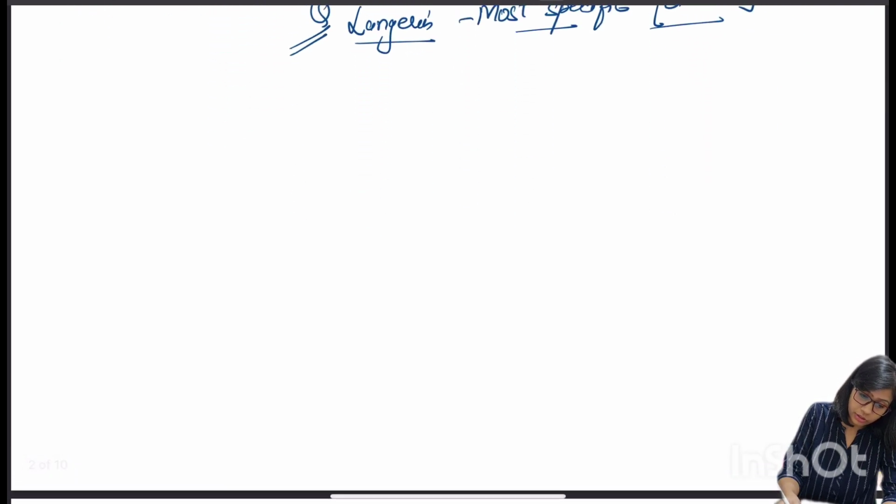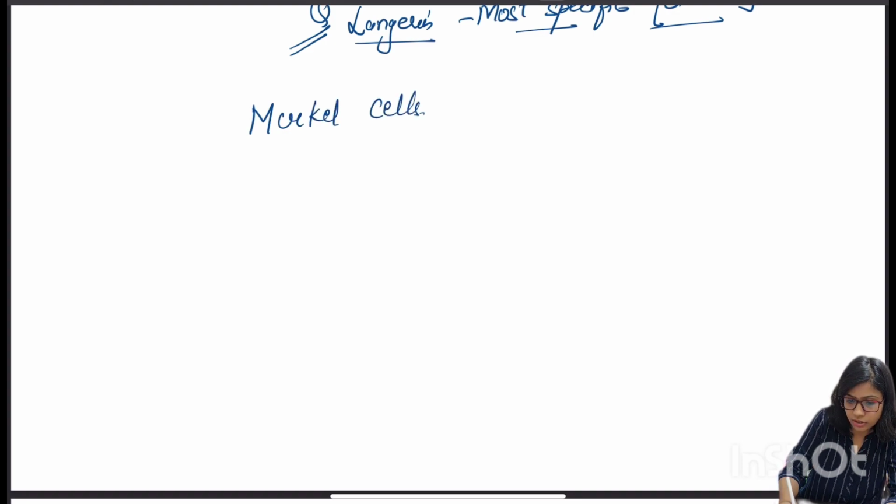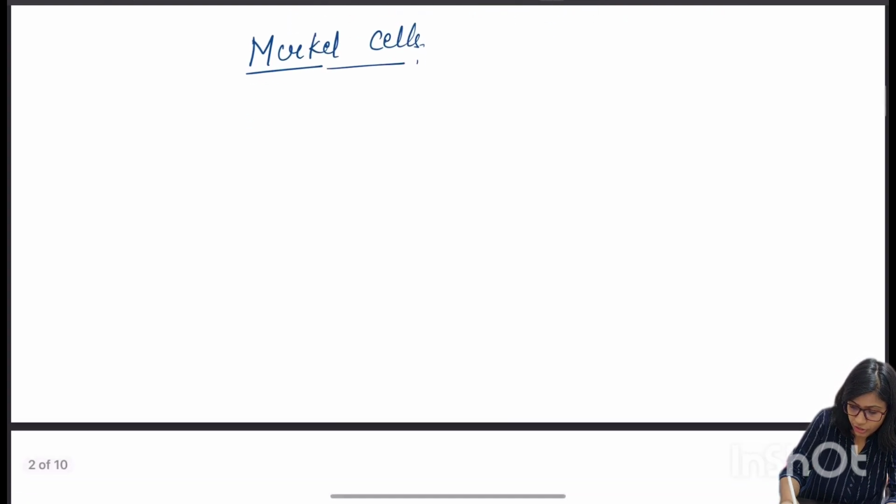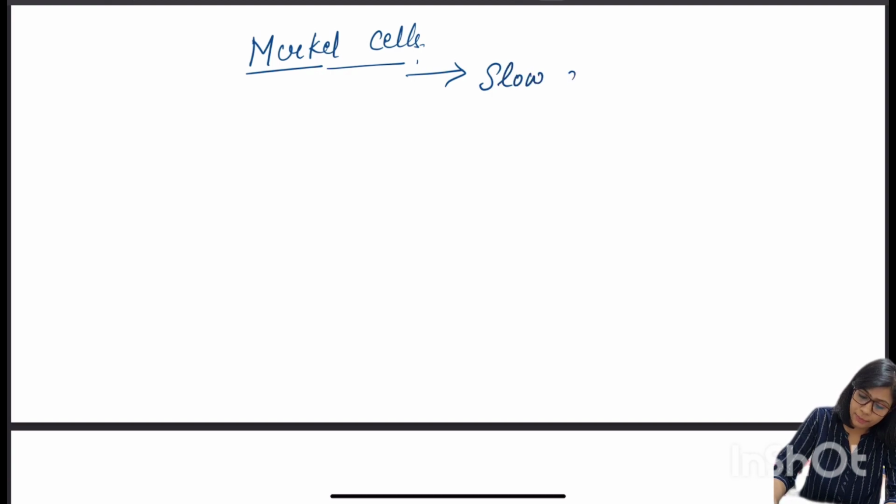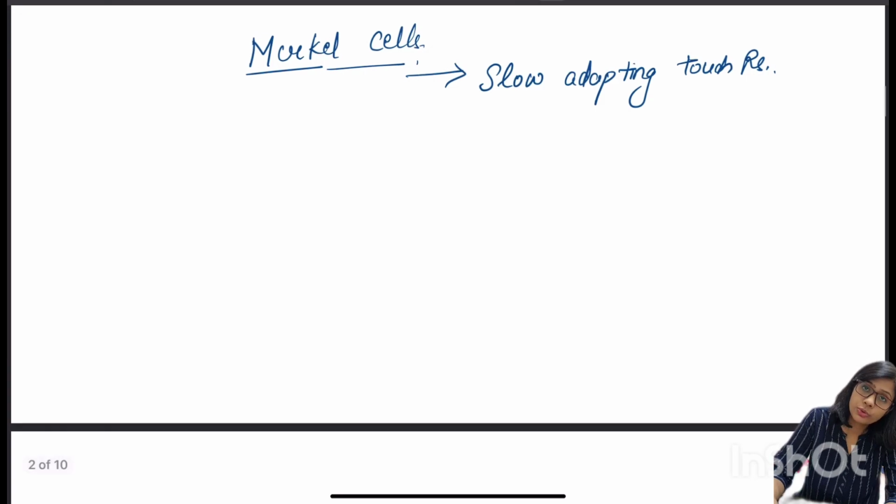Okay. Now, starting with the third non-keratinocytes, we have Merkel cells. So now, what are Merkel cells? These are slow adapting touch receptors. These are very low threshold receptors, and these are present at the sites of high tactile sensitivity.